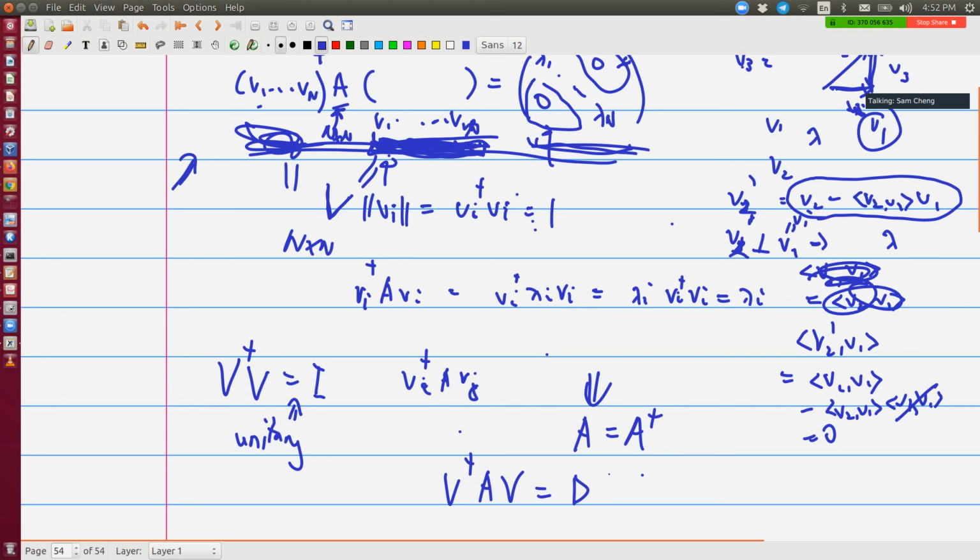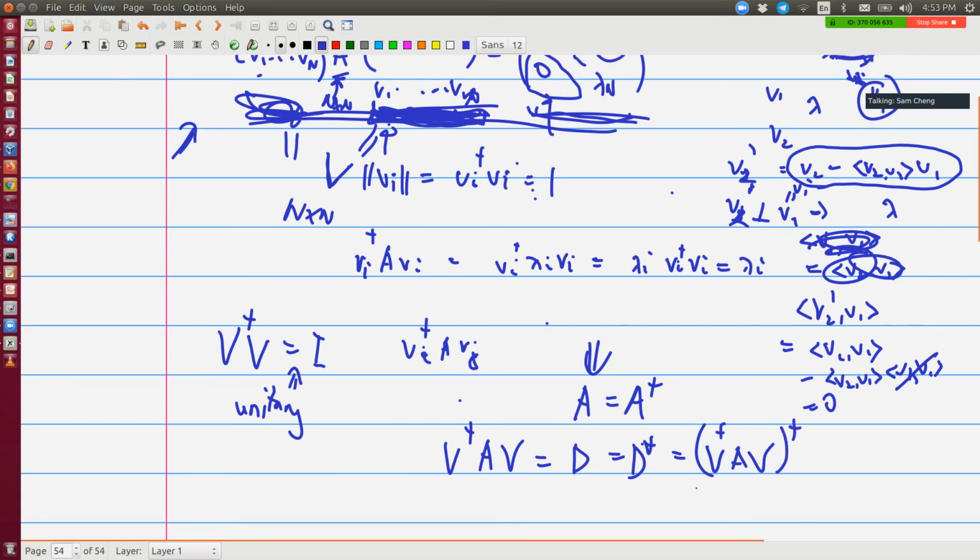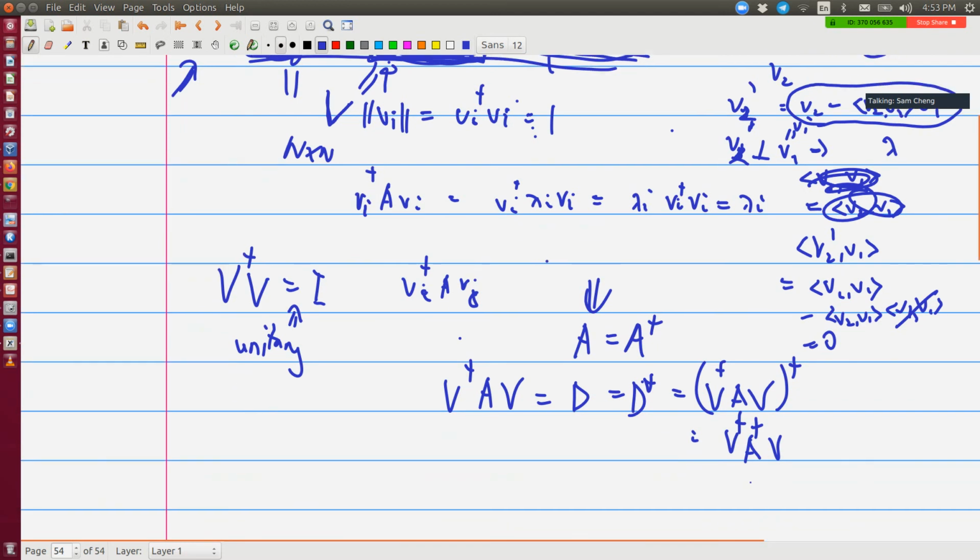D is equal to D Hermitian, which is equal to V Hermitian A V Hermitian, so it's equal to V Hermitian A Hermitian V. Because this Hermitian is equal to V Hermitian times A Hermitian times V Hermitian Hermitian, that would give me just V here.